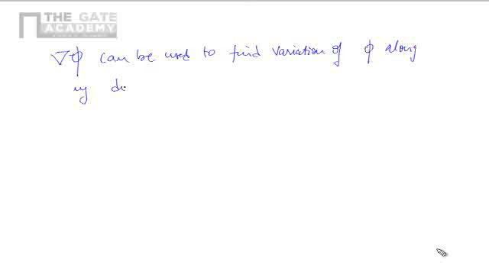Now, as we saw in the previous page, the del phi can be used to find the variation of phi along any direction by projecting del phi on that vector.